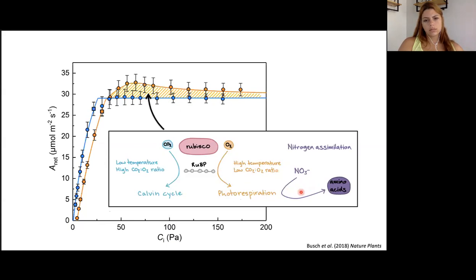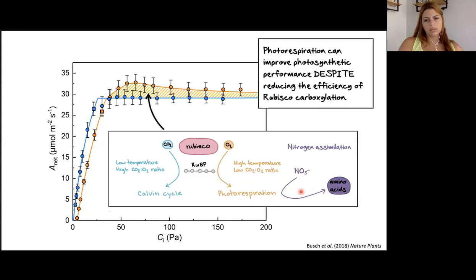It doesn't assimilate directly only into carbohydrates, but also into amino acids. So the first bottom line here is that photorespiration can actually be beneficial and increase CO2 uptake despite reducing the efficiency for the carboxylation reaction of Rubisco. Okay, so that was the first point.